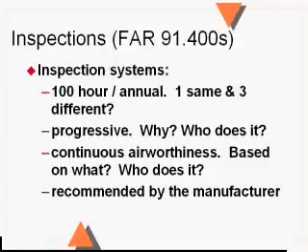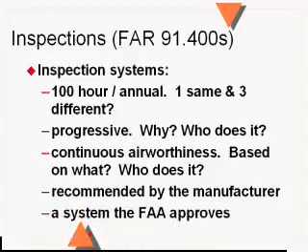Just like the Progressive and the Continuous Airworthiness, the manufacturer's recommended inspection system is going to have to be approved in advance by the FAA before you get to do it. And then interestingly enough, in that part of FAR 91, it also lists any system that the FAA approves. Well, in order to start a system that the FAA approves, you must get FAA approval.